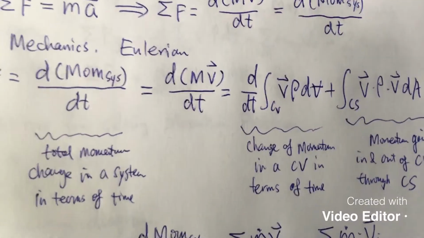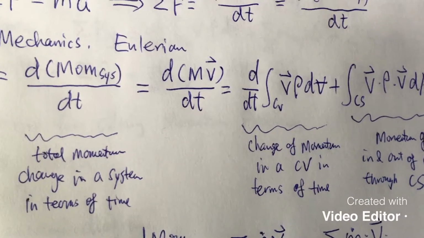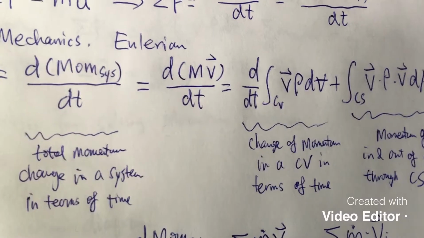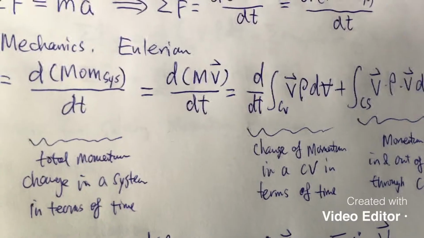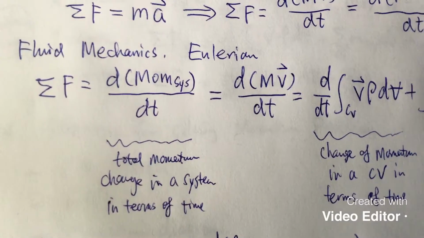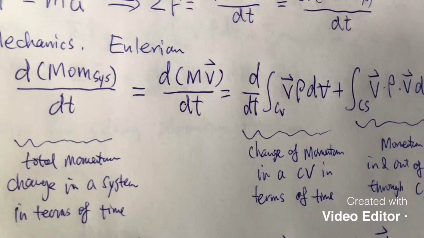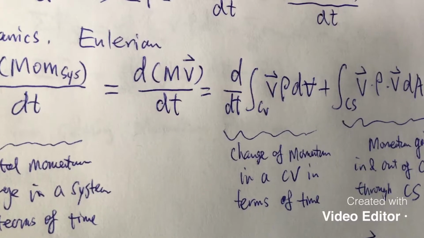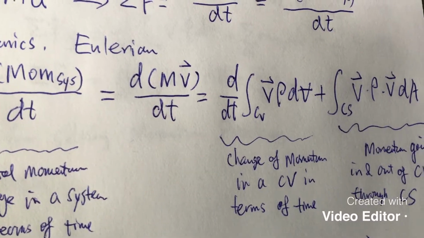If you want to explain it in real-world physics, what does the equation mean? You see the first term shows the total momentum change in a system with respect to time, the time rate of change, which equals the overall force. That change of momentum in the system equals the change of momentum in the control volume in terms of time, the integration over the control volume, d over dt.